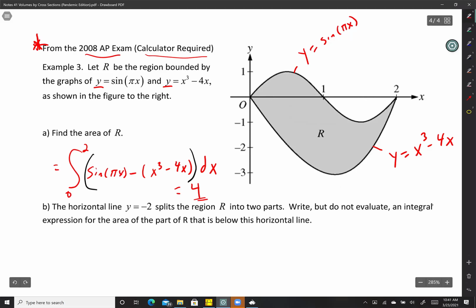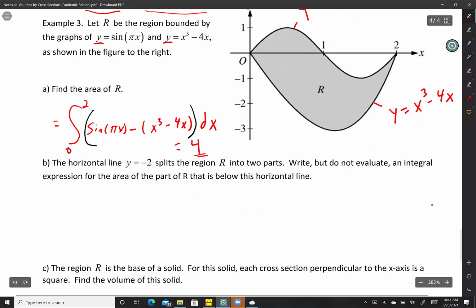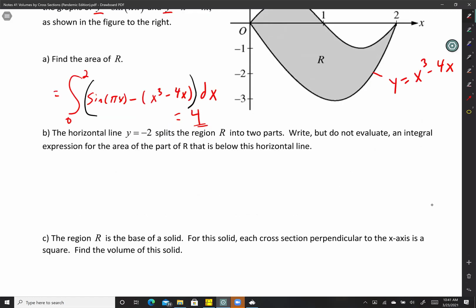All right. Letter B. The horizontal line y equals -2 splits the region R into 2 parts. Write, but do not evaluate, so don't waste your time trying to find an answer, an integral expression for the area of the part of R that is below this horizontal line.